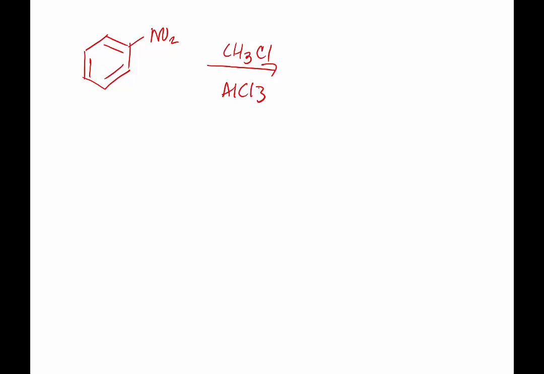So we take nitrobenzene and we add methyl chloride with aluminum trichloride. And so the question would be, what's the final product of that reaction? Or what's the final products? So if it's ortho-para, there's going to be 2 products. If there's meta, there's just going to be 1.